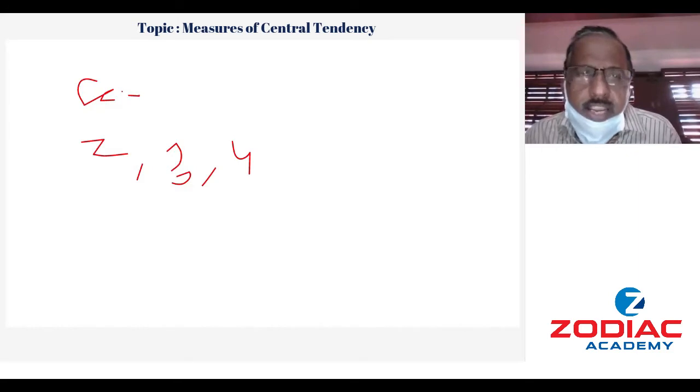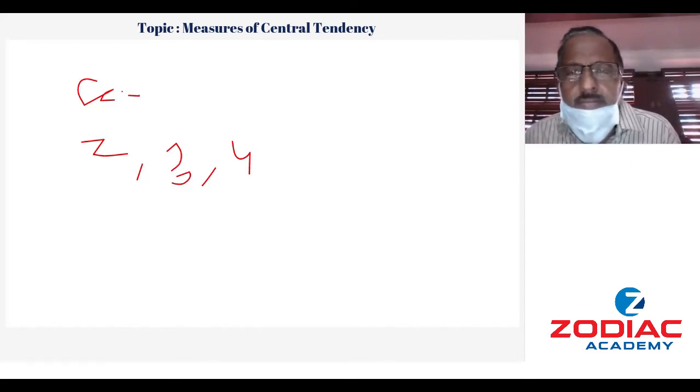This formula is very familiar to any layman. But in the measures of central tendency, we deal with different types of averages. So 2 plus 3 plus 4 divided by 3 is a kind of average, but in this chapter, central tendency deals with the different types of averages.